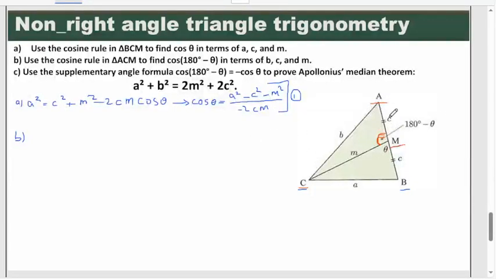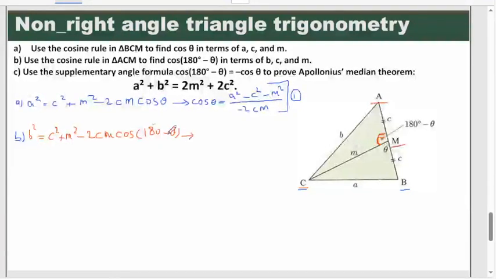So 180 minus theta is between C and M. So I start to write a cosine rule that says B squared equals C squared plus M squared minus twice the product of C and M times cosine of the angle between them, which is 180 minus theta.